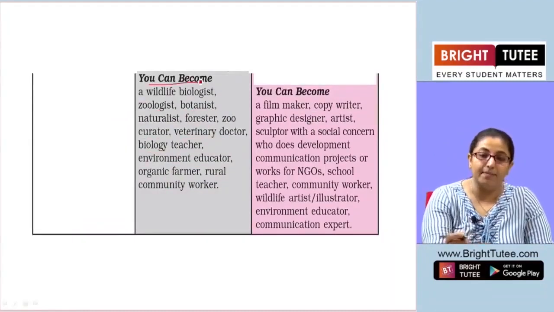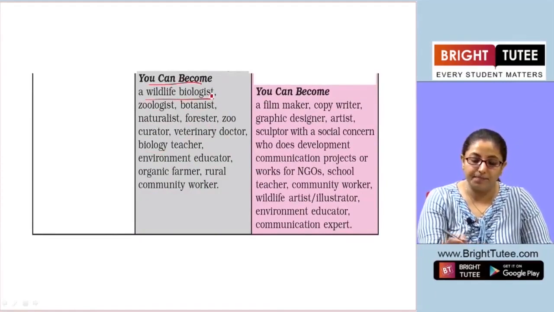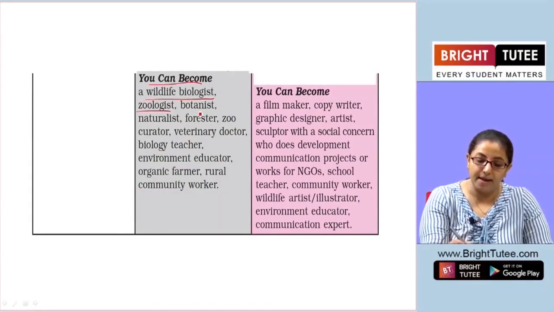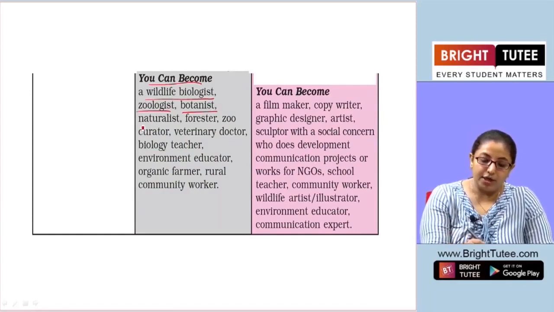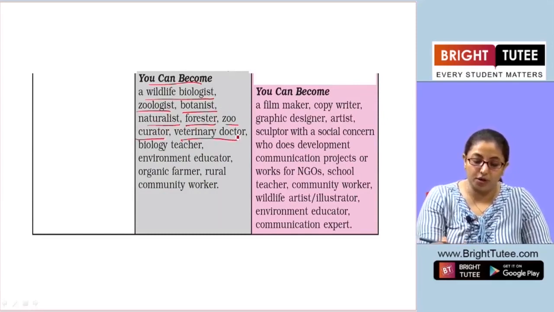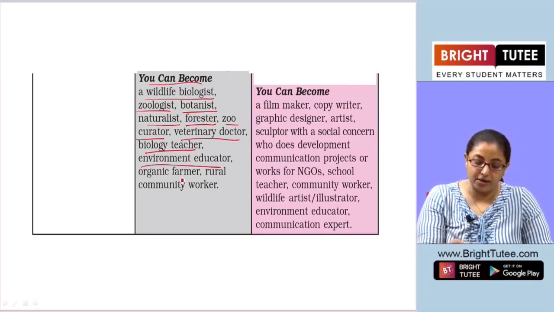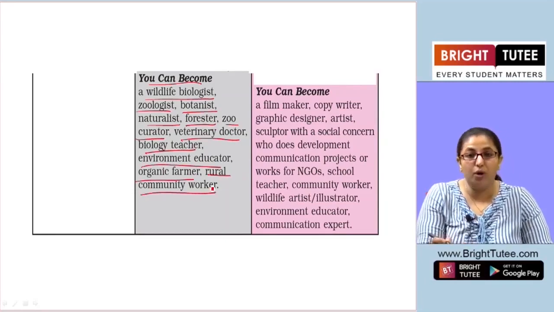These people can become what? A wildlife biologist, zoologist, botanist, naturalist, forester, zoo curator, veterinary doctor, biology teacher, environment educator, organic farmer, rural community worker.